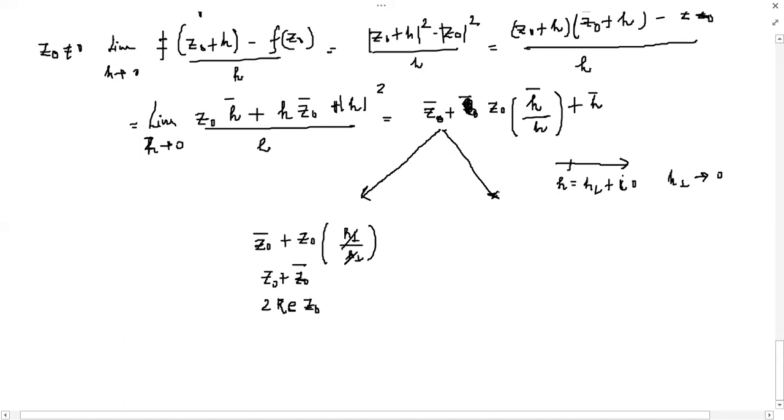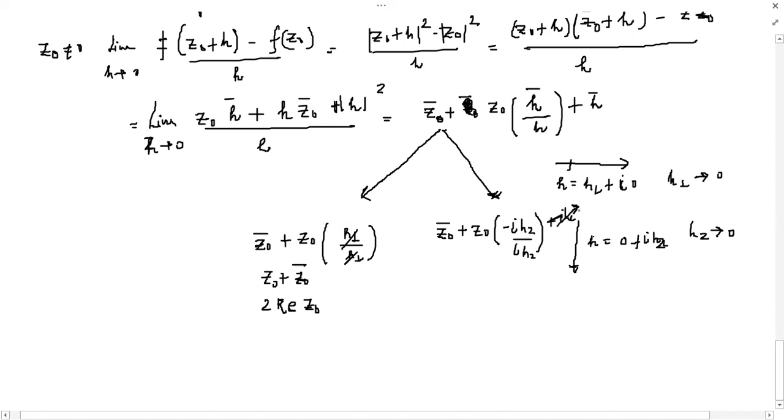Now what will you get here, if I approach along the imaginary axis? Let me write h equal to 0 plus iota h2, where h2 tends to 0. Now what will you get? You'll simply get z naught bar plus z naught times the conjugate of iota h2, which is minus iota h2, divided by iota h2, plus iota h2.